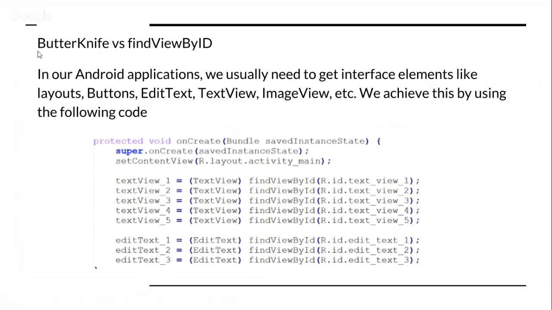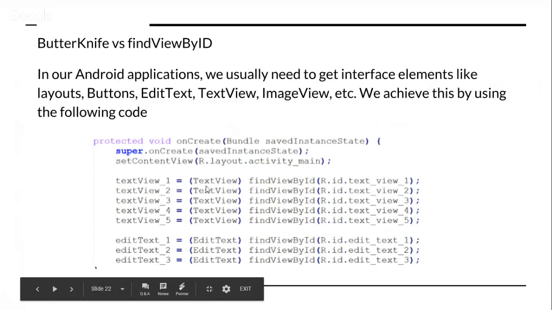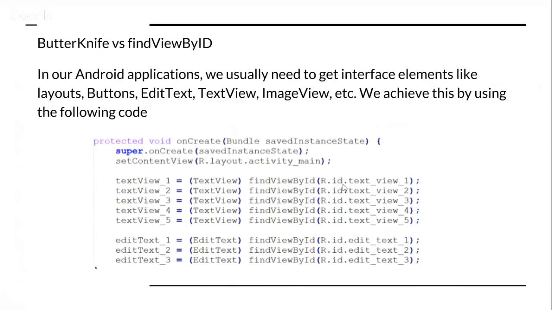So let's move on. What exactly does Butter Knife mean in Android? Butter Knife versus findViewById. In an Android application, if we have something like 5 to 10 text views and 10 buttons, we have to write findViewById for text view 1, 2, 3, 4, 5, and again we have to mention the ID.